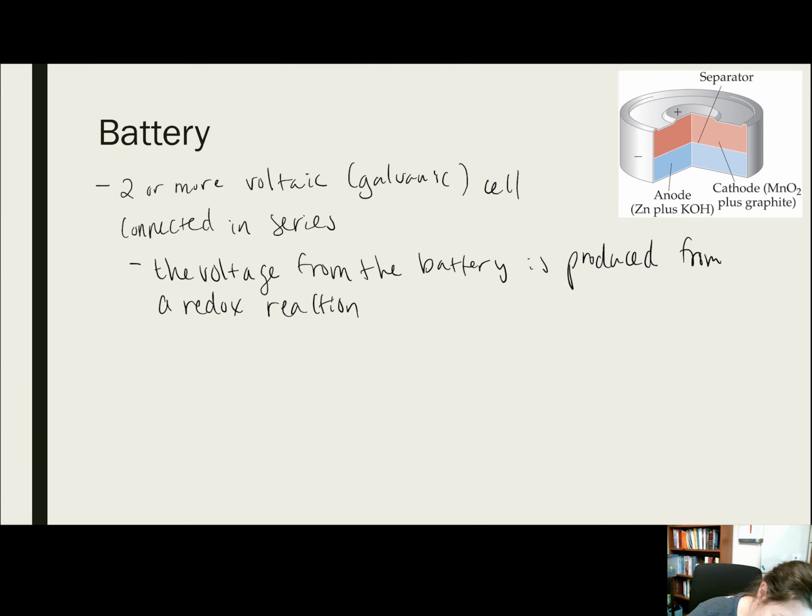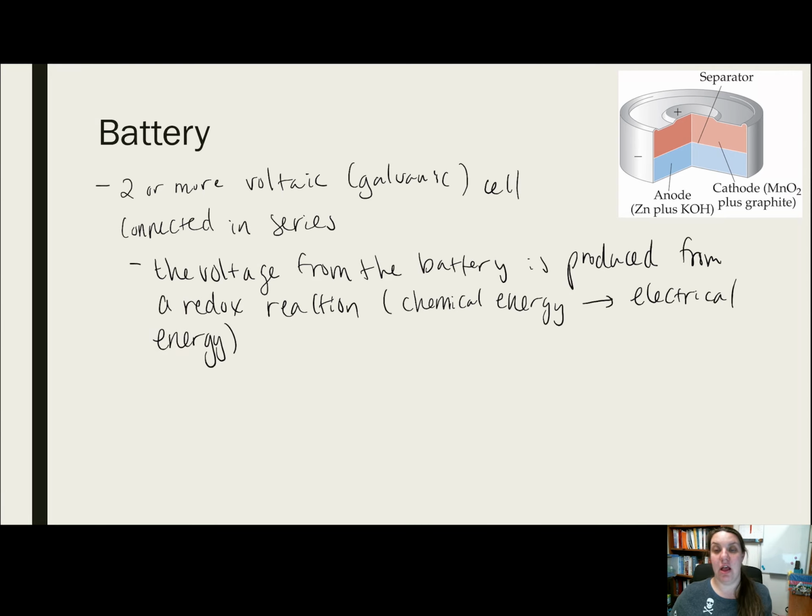So this is a chemical reaction, with chemical energy being converted into electrical energy. The electrodes are immersed in an electrolyte solution, and we force the electrical charge to separate in the form of ions and free electrons.